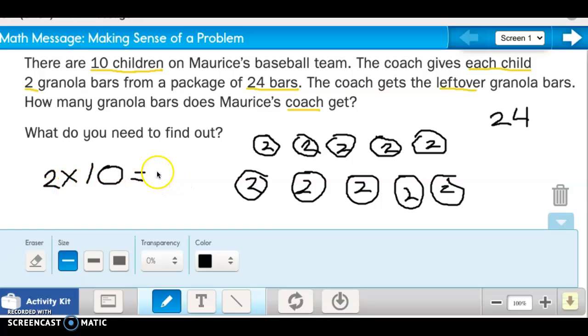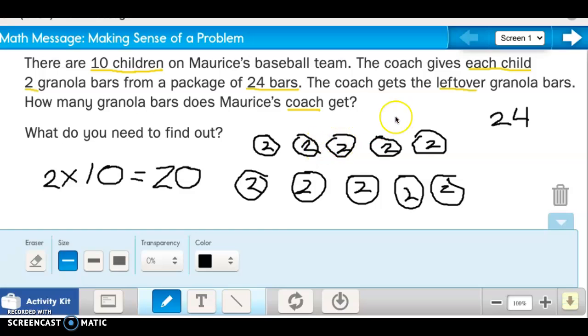So hopefully you've figured it out by now. There is 20. 2 times 10 is 20, so all those granola bars have been given out. Now, we had 24 over here, and he gave away 20 to the kids. So how many is left?